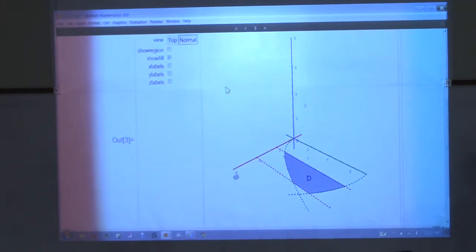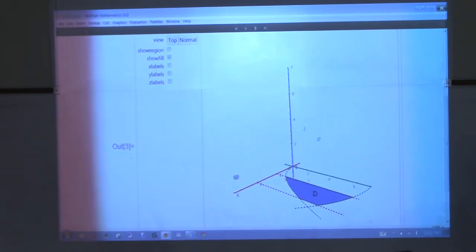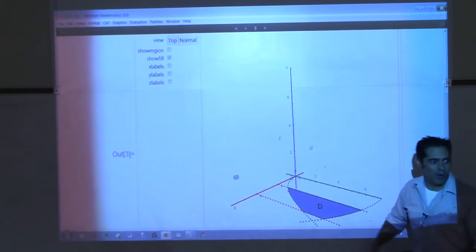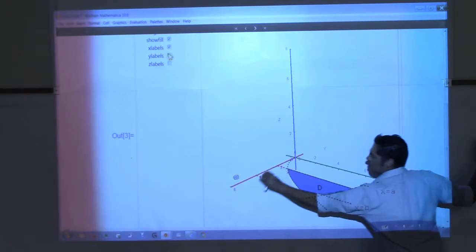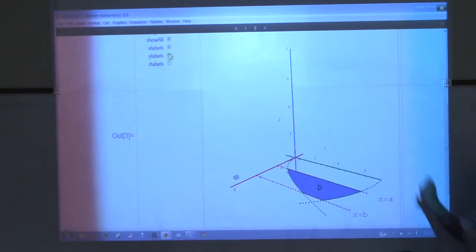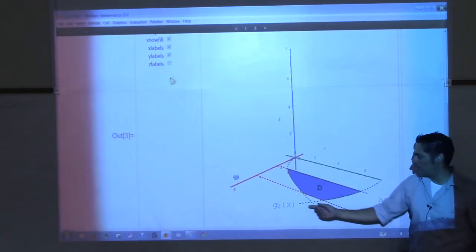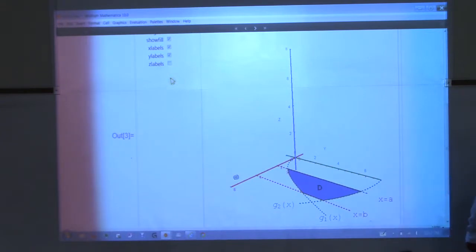So you've got some three-dimensional solid up here that, when you cast its shadow onto the ground, the x's are between two constants. This is my x-axis, this is my y-axis, my z-axis. My y's are between two functions of x, g1 of x, g2 of x. That's a type 1 region. The shadow is type 1.